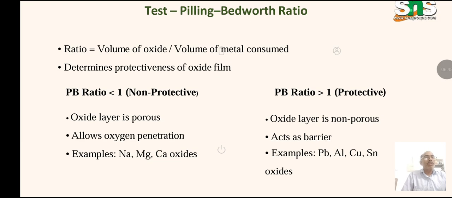The Pilling-Bedworth ratio is one of the measurements to understand stable or unstable formations, that is, protective and non-protective coatings. The ratio is calculated as the volume of oxide divided by the volume of metal consumed.